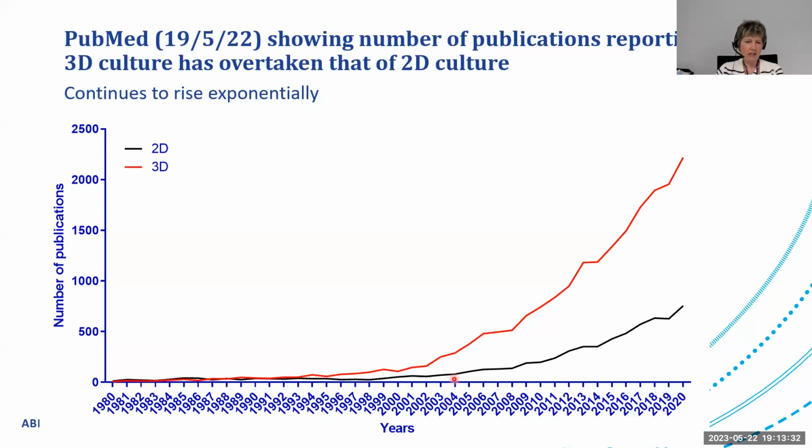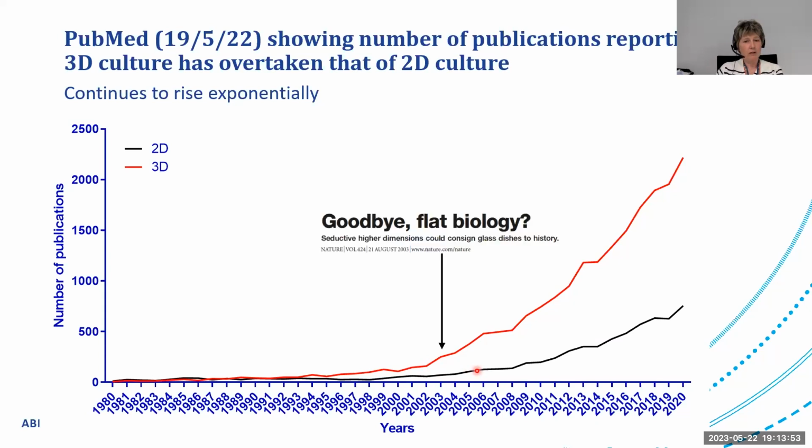But then, as you can see, in 2003, something started to change. We're starting to see a bit of a separation in the number of models using 3D cultures, the red line, whereas the number of publications using 2D models was starting to slow down a little bit. And that, I believe, was a result of this editorial, which was published in Nature in 2003, so 20 years ago now, and it was called Goodbye Flat Biology.